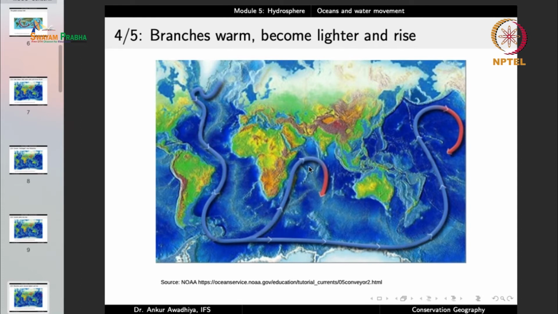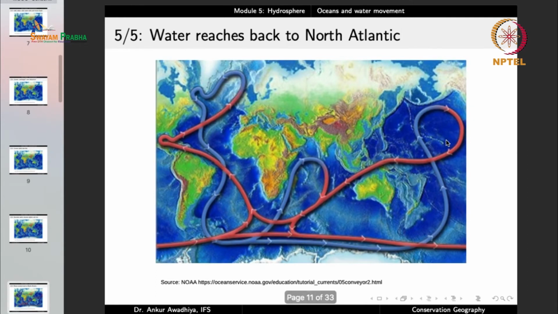Once they warm, they become lighter and they rise. So here we are observing that this current is now rising and it has now become a warm current. Similarly here, this current has now risen and it is now a warm current. Now we are talking about the surface movement of water. And this water then moves in these routes to reach back into the North Atlantic.